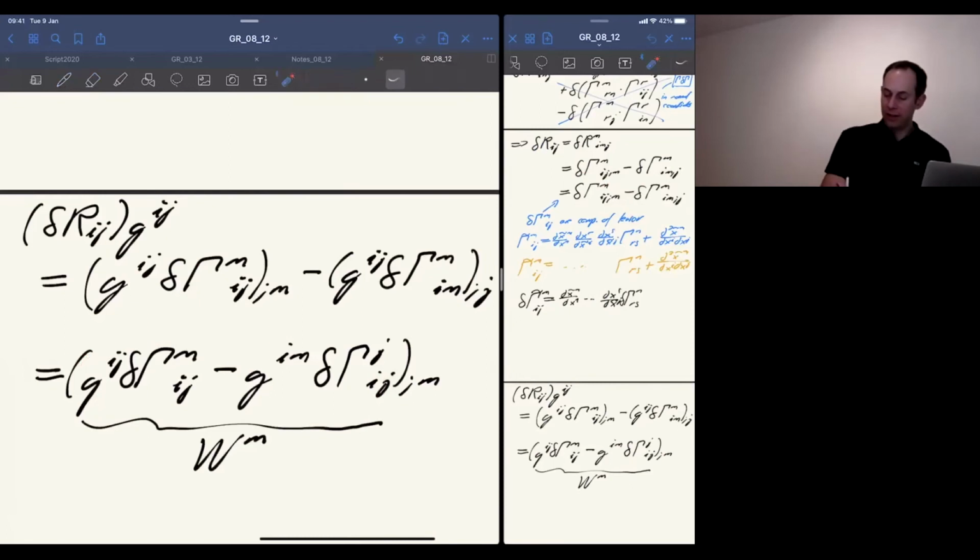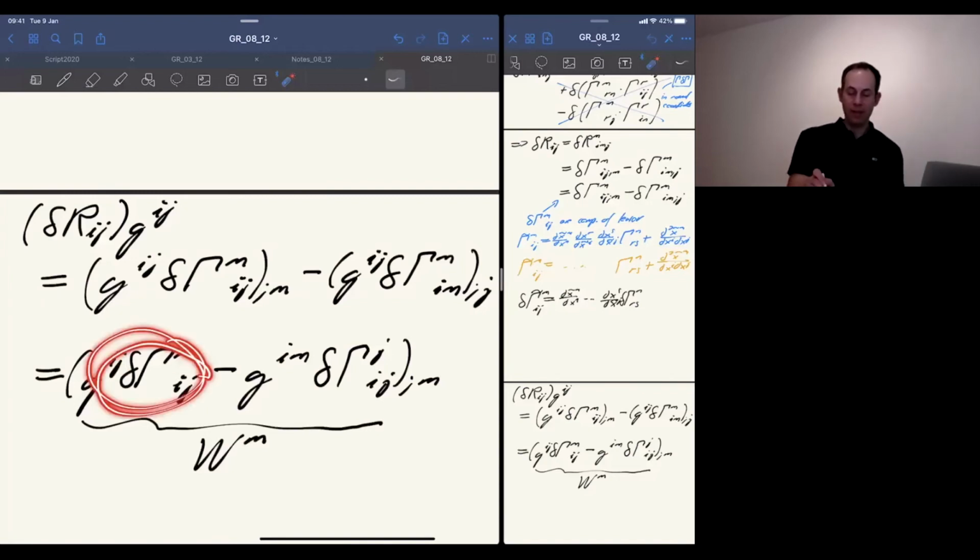Note that this G_ij is a tensor, of course. This is also a tensor, as I just argued. And the whole thing is essentially a contraction of a tensor, because I contract these indices ij with ij. And the only index that is left is an n. So this thing would be a (1,0) tensor, which is of course a vector.